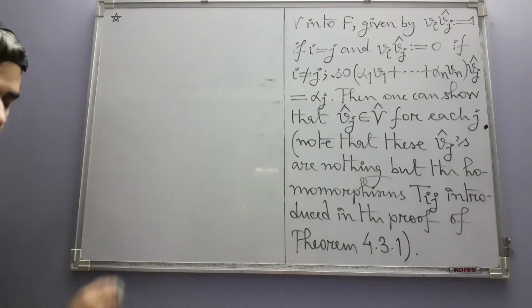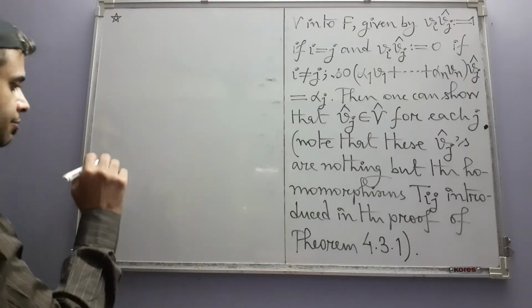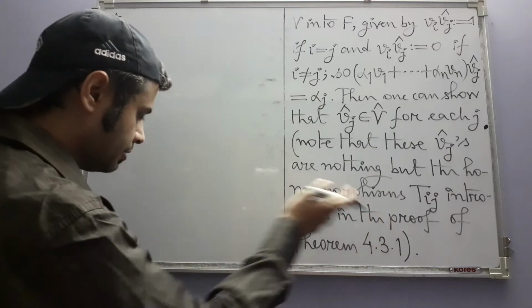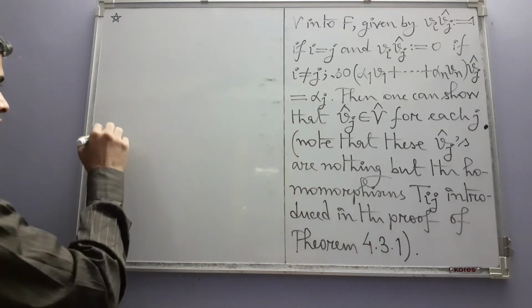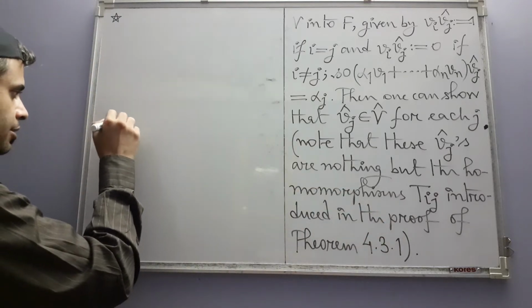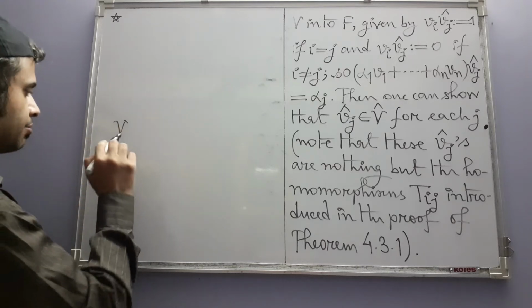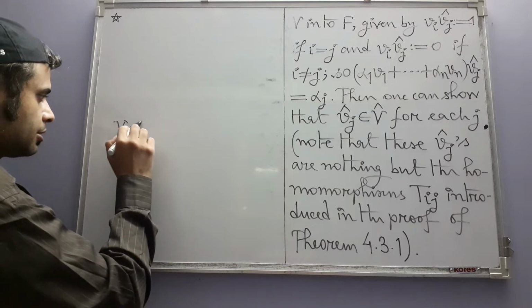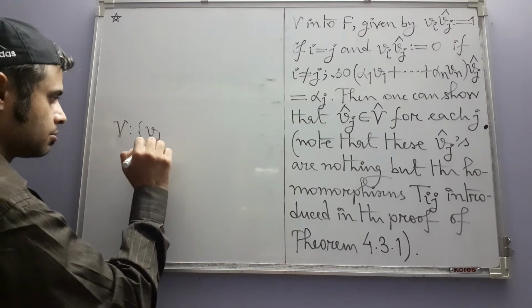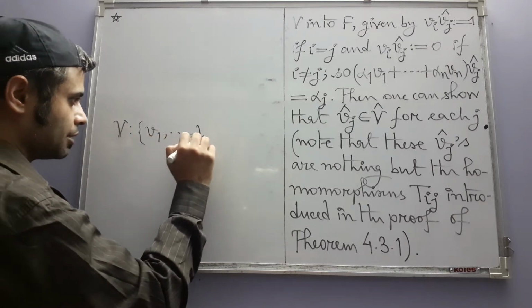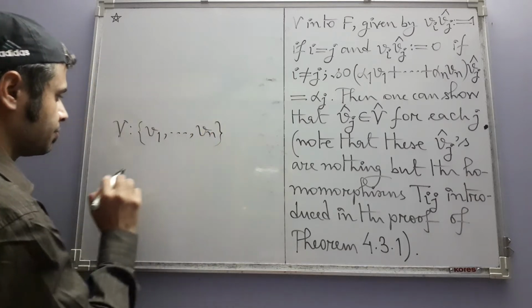So for that, we quickly recall what we had. V was a finite dimensional, say an n-dimensional vector space which has a basis with these vectors v1, v2 up to vn.